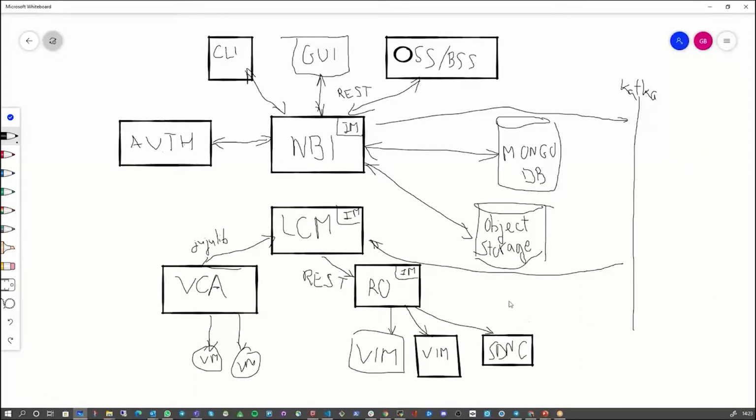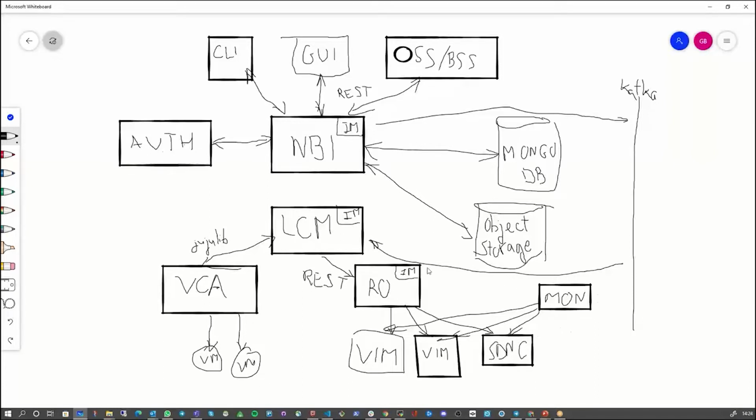Well, I think that this more or less gives you an idea. There are different things also to be taken into account. There is a component that is MON, monitoring, okay. This monitoring is providing the monitoring capabilities of OSM. It also has different collectors to talk to the VIMs to get metrics from the VIM, or from the SDN controllers, okay.